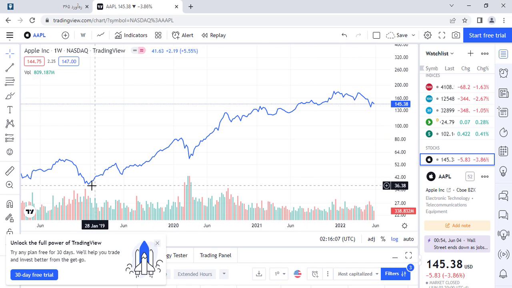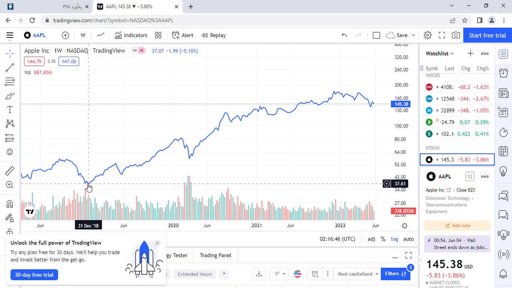The line charts connect the close price of each one of the candles. This is how a line chart looks. The greatest disadvantage of this type of chart is lack of details. We almost have no details about the open price.